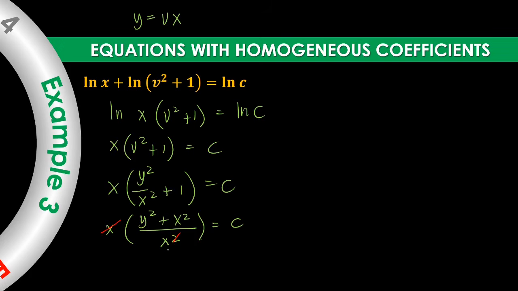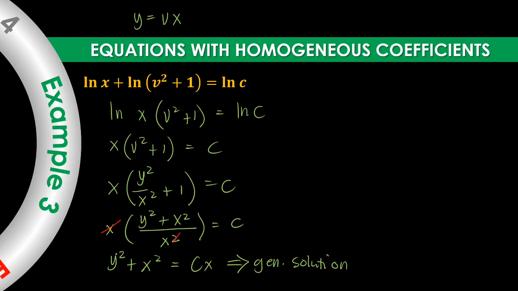To simplify, I can multiply both sides of the equation by x to eliminate the denominator x here. So on the left side, what will be left is just y squared plus x squared, and on the right, we will have cx. Okay? So this now represents our general solution.